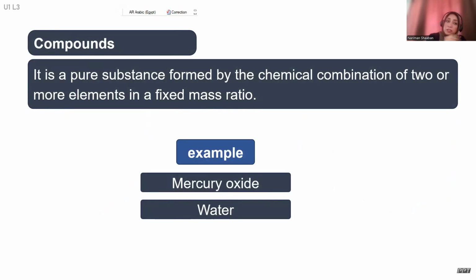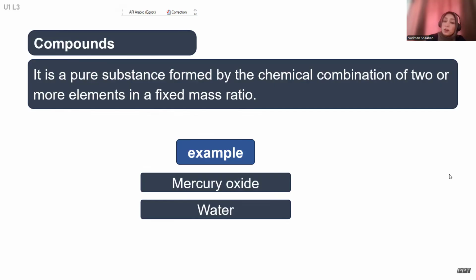After that, compounds. A compound is also a pure substance, formed by the chemical combination of two or more elements in a fixed mass ratio.